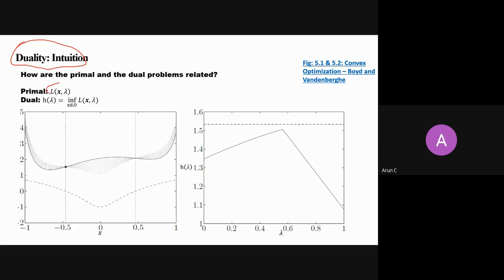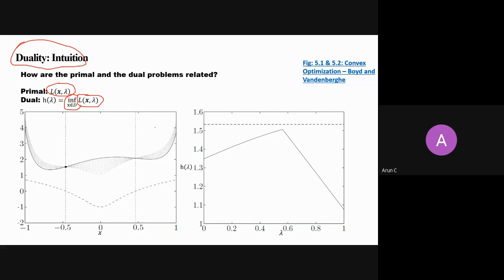So you have some Lagrangian L, and you know what it is: it is just the objective function plus some constraint multiplied by a multiplier. Now I see this Lagrangian as a function of lambda. So for every lambda, we minimize this function. Let's see what that means.